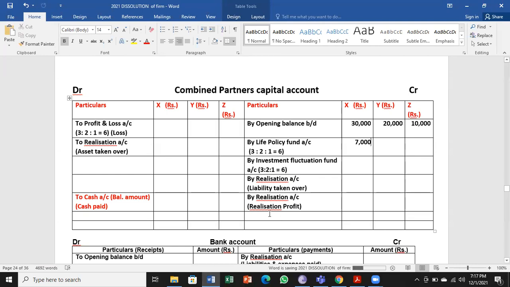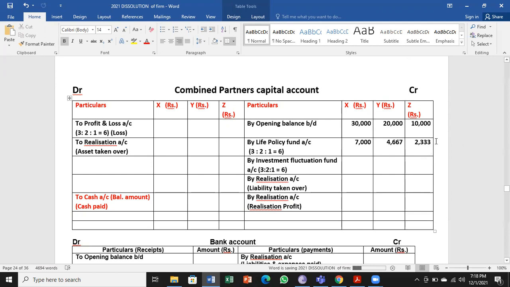So 14,000 into 3 by 6, 14,000 into 2 by 6, we get in decimals again, 4,667. Then 14,000 divided by 6 for the other person, that is Z, we get 2,333.33 paisa.